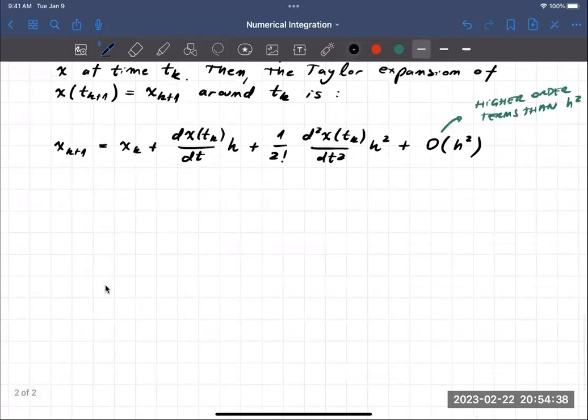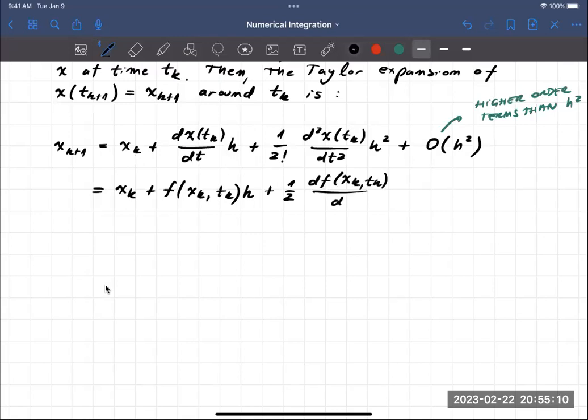So we're going to write it down like this: x of k, remember that this is just x evaluated at time tk, plus the function f evaluated at the k step, f of xk tk, times h, plus 1 over 2, the derivative of that f of xk tk with respect to time, times h squared, plus the higher order terms, right?